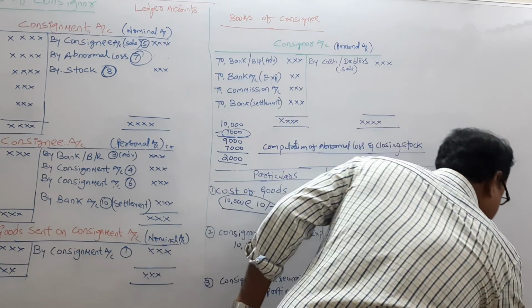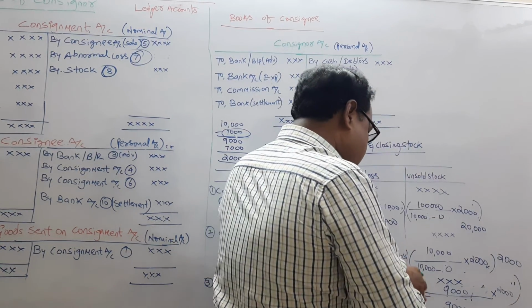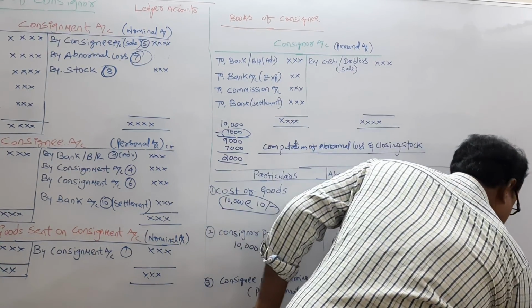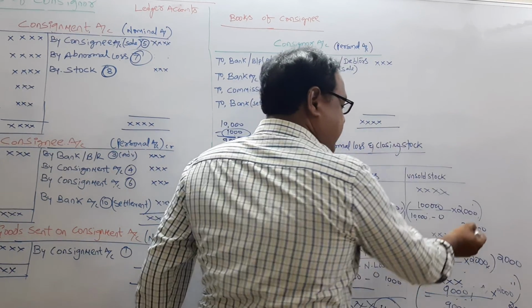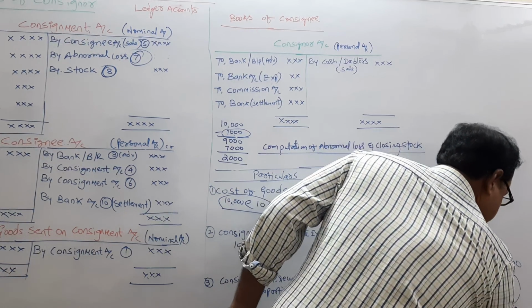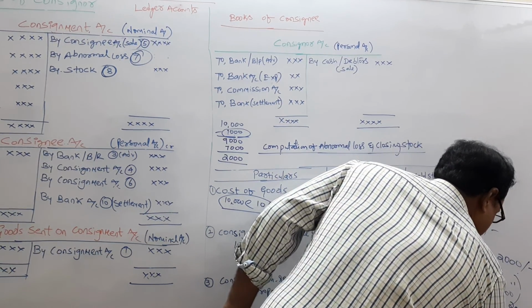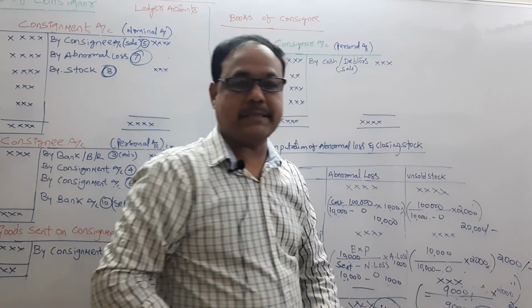How many units are unsold? 2,000 units, so it comes to 2,000. 20,000 plus 2,000 plus 2,000 rupees, totally 24,000 is your closing stock.